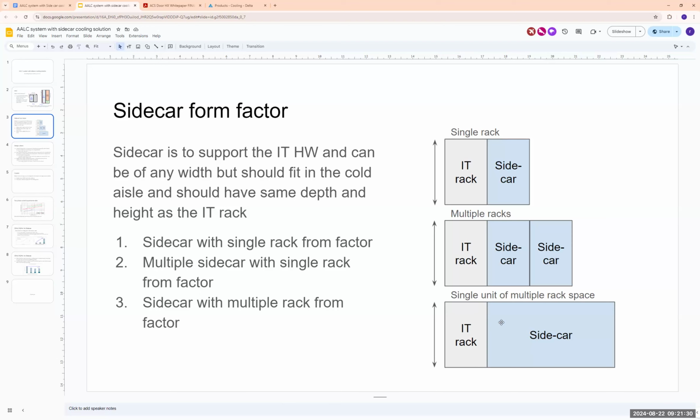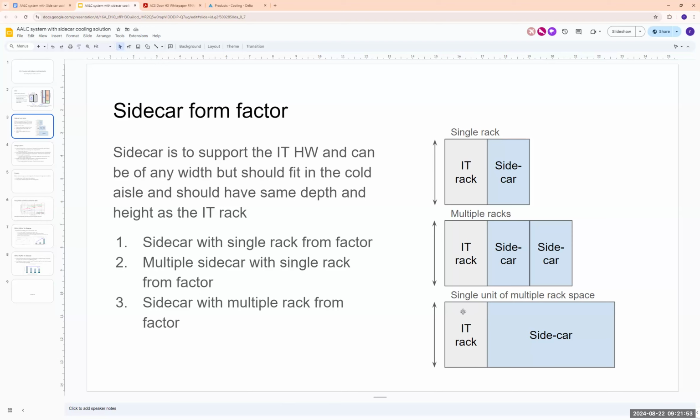It could be attached to multiple racks, but at this point we are concentrating on a one-rack cooling solution. Okay, so a one-on-one relationship where you have one IT rack and a sizable heat exchanger next to it supporting that IT rack.